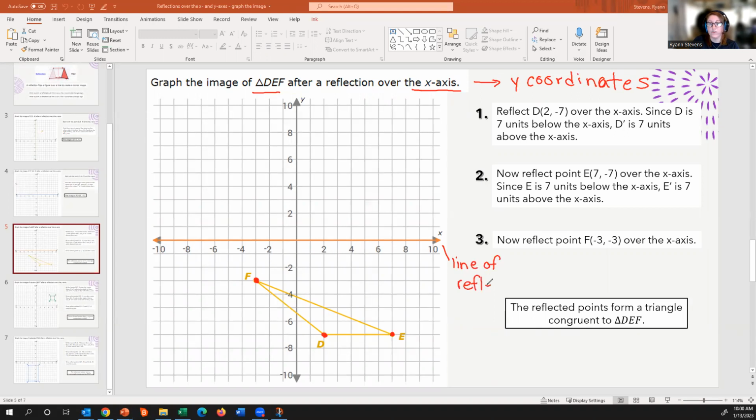This is kind of our mirror that we're looking into, and this is where we're going to see that image on the other side. So first, we're going to start with the points all by themselves. We're not going to try to do the whole triangle all together.